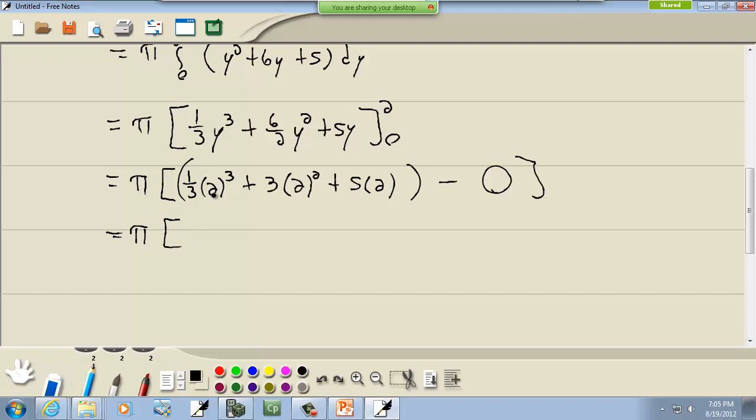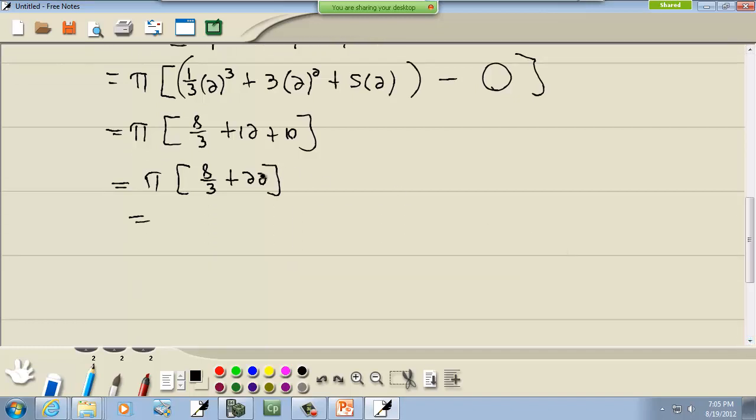Well, 2 to the third is 8, times 1/3 gives us 8/3. 2 squared is 4, times 3 is 12, 5 times 2 is 10, which gives us 8/3 plus 22. 22 times, this is a mixed number, 22 times 3 is 66, and add the 8, and we get 74.